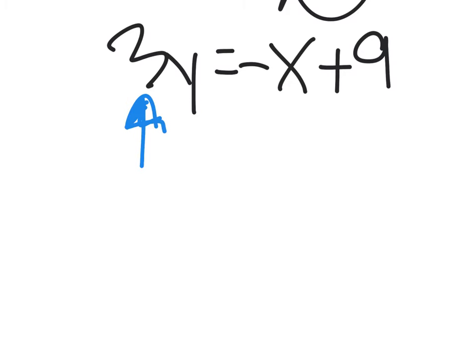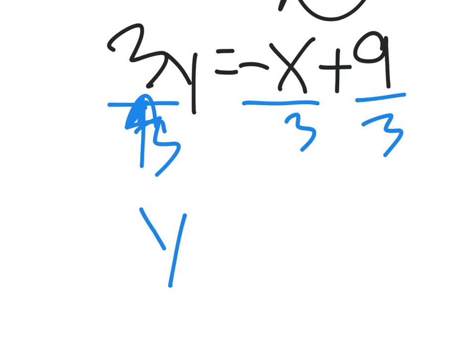So I would do like I would normally do if I'm solving for a variable. I'm going to divide by 3, and that just gives me y. And then I also need to divide both numbers over here by 3. Okay, so now y equals -1/3 x plus 3.